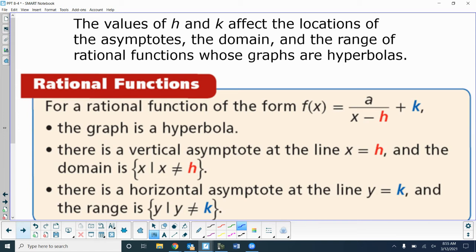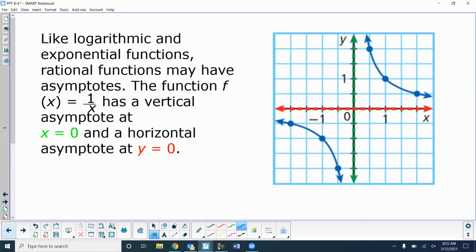In this one, there was no number out here. We could have put plus 0, but if there's no number, that means the horizontal asymptote is 0. That's the x-axis. What number makes that x 0? 0, right? So that's why the vertical asymptote was the y-axis. When x equals 0, you're on the y-axis, right?